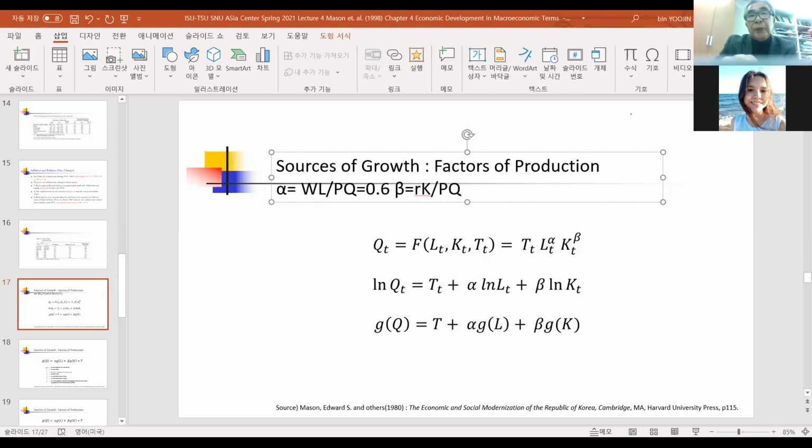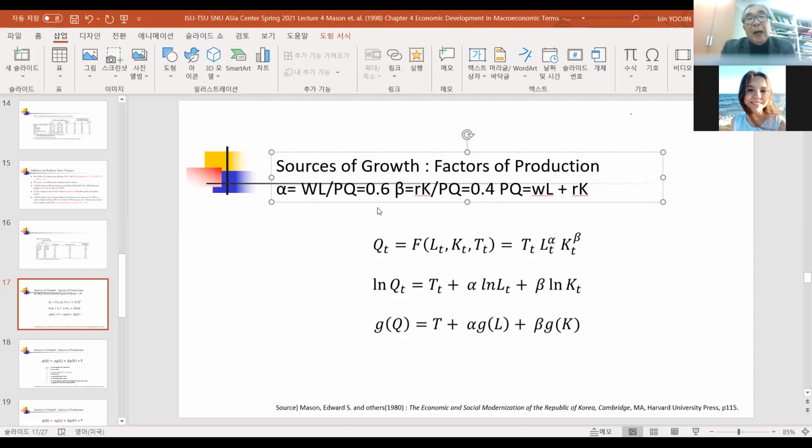So in other words, PQ is defined as W times L plus R times K. Therefore beta should be 0.4 to make 100%.